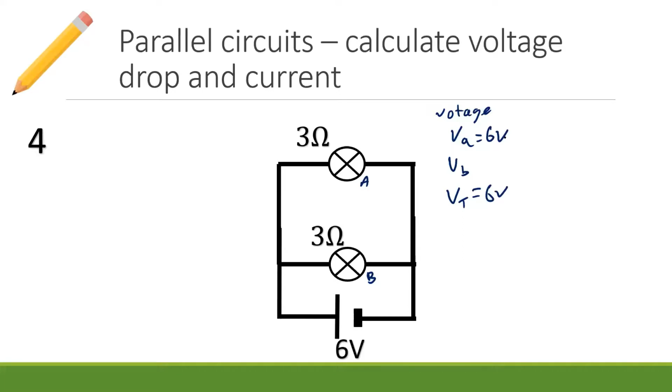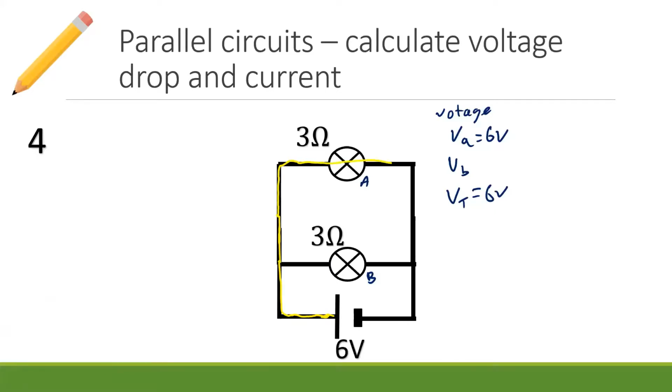The reason it's 6 volts is this. I've talked about this already, but let's do it again just so that we know. If the charge comes out of this part of the battery and it goes through here, say it chooses to go up the top part.